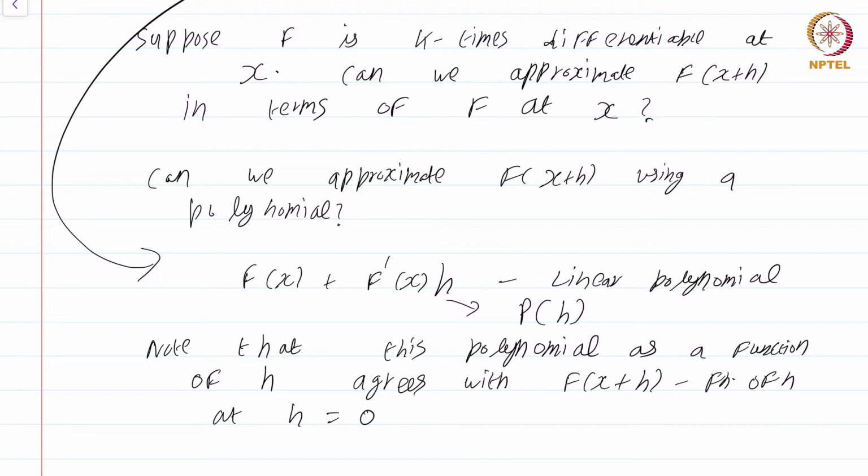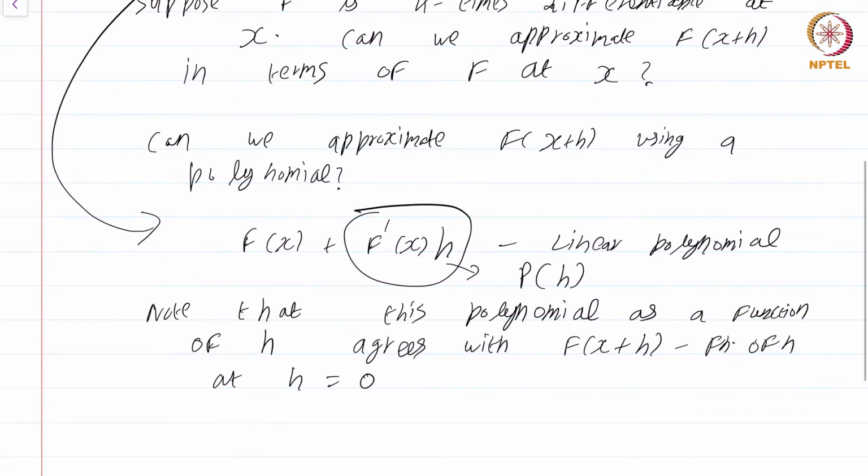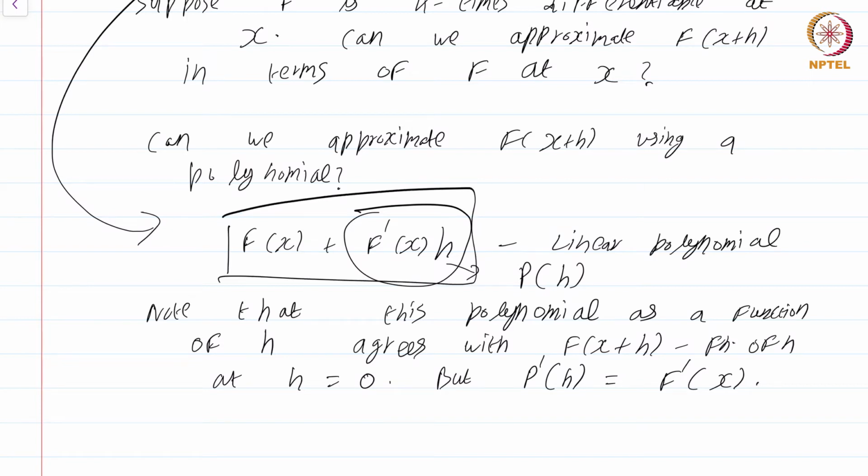Well, yes, when you substitute h equal to 0, this term vanishes. You get f of x equal to f of x. But p prime of h is also equal to f prime of x, right? Because when you differentiate this with respect to h, this f of x term vanishes, and for f prime of x times h, the derivative is just f prime of x.